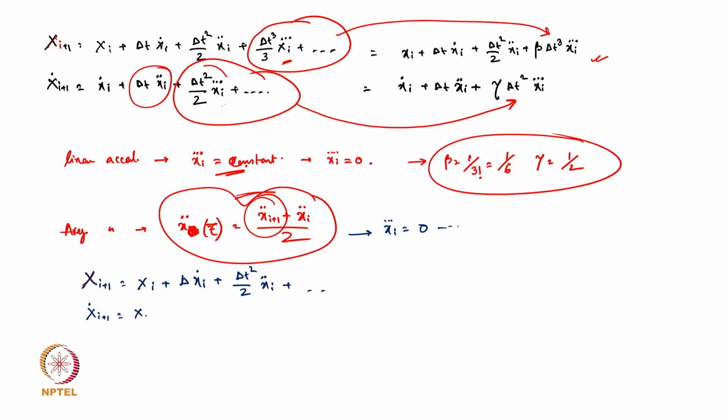And then what about this one? This also does not exist because jerk is 0. But you need to specify some value of beta into delta cube of this one and gamma into delta cube of this thing. So that is actually the problematic thing.